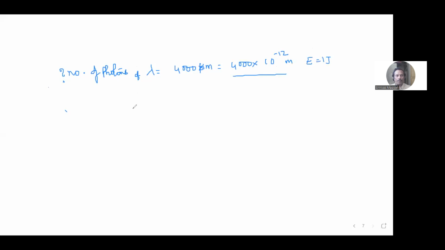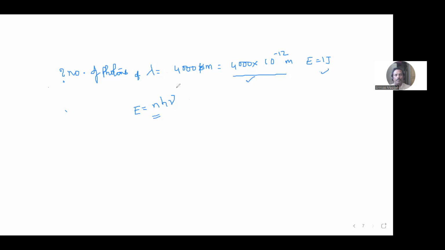So you know the formula from Planck's constant, E is equal to h nu for 1 photon. When there are n number of photons, you write it as E is equal to n h nu. So you have to find out this n value. Already we know the E value, given as 1 joule. And also we know the wavelength.